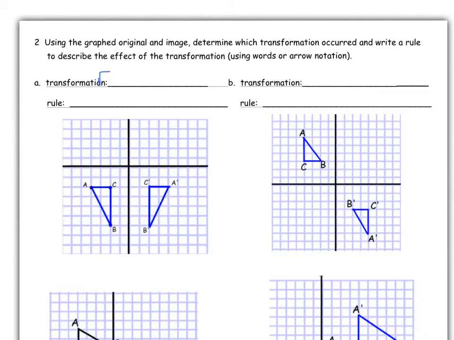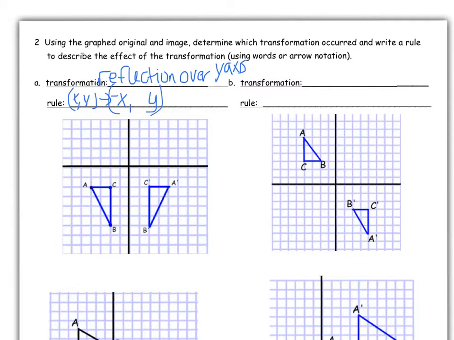So the transformation is reflection, and yes, you have to use correct vocabulary, over the y-axis. So the rule, x, y: if it's over the y-axis, the y stays the same, but the x becomes the opposite. So it would be that.